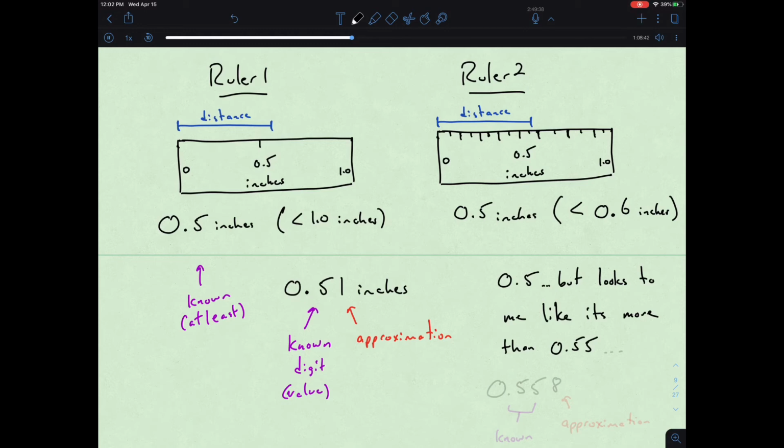And so now I can go to another level of accuracy, where I know these two values, and now I'm approximating the third, saying that I know it's really close to 0.56, so I know that I'm past 0.55, and now my 8 is the approximation.